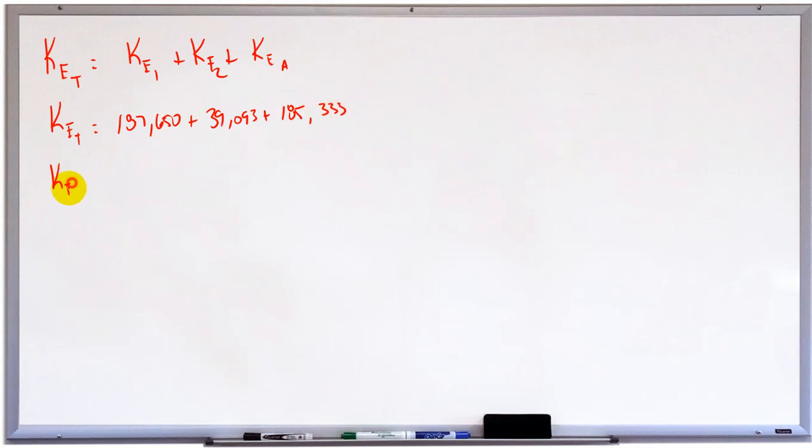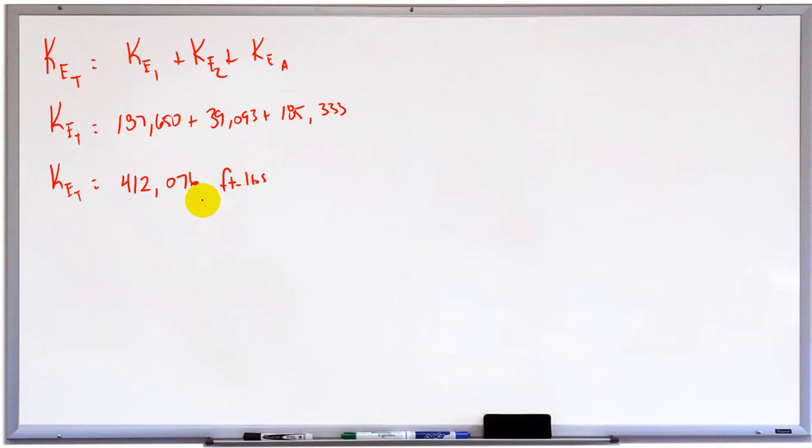We add all three of these up together, and the total kinetic energy that we have for this entire system, hold on one second. We're having a little bit of a technical difficulty with the pen here. Oh, okay, and we're back. Total kinetic energy for the entire system is going to be 412,076 foot-pounds.